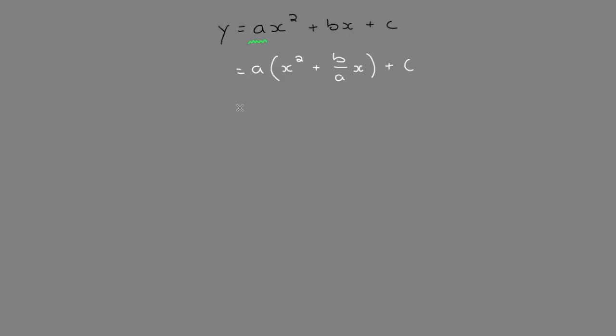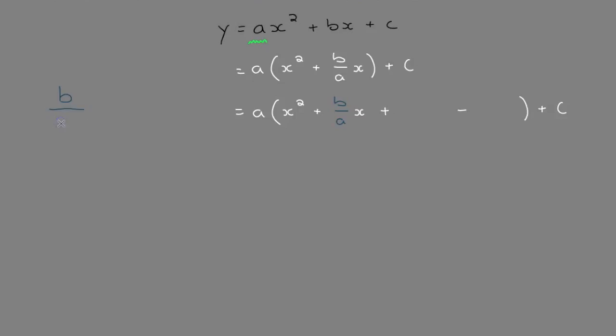Next thing to do is to add and subtract the same value. And so what do we choose to add and subtract? Well, we take it from this middle term. And we have an equation for this. We divide the middle term, b over a, by 2.